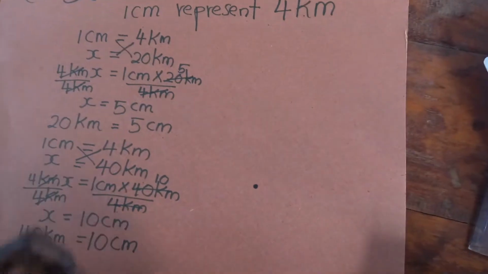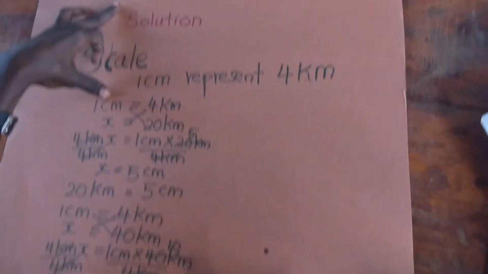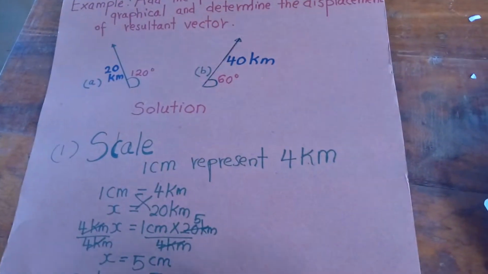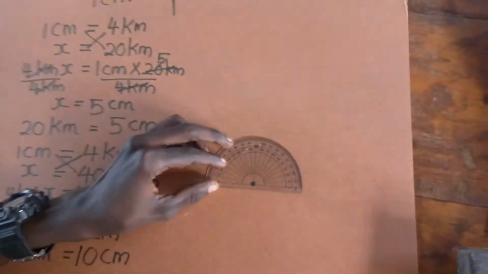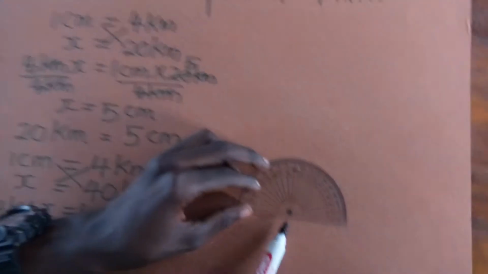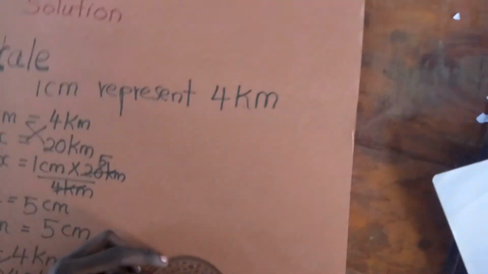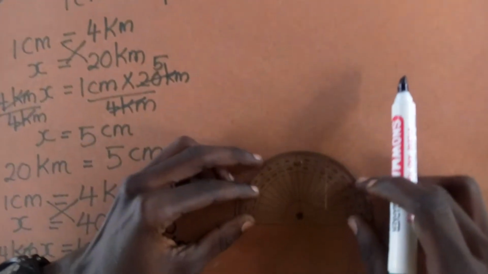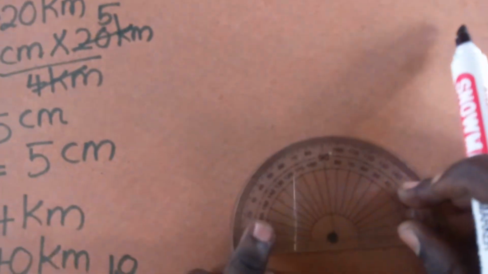By using a protractor, you're going to measure an angle of 120 degrees. You must position your protractor like this, with the starting location in this position. You're going to measure the angle.